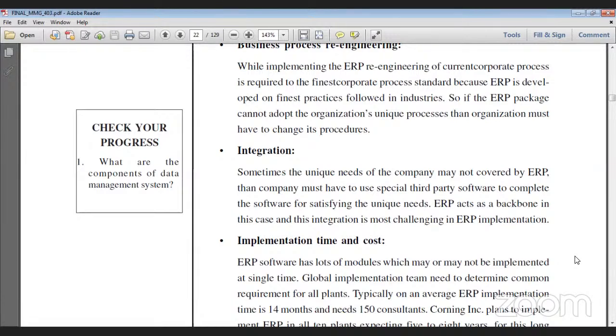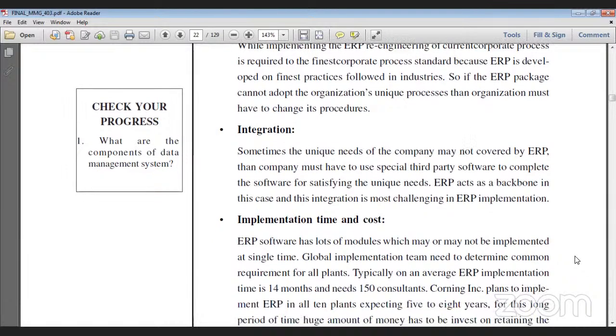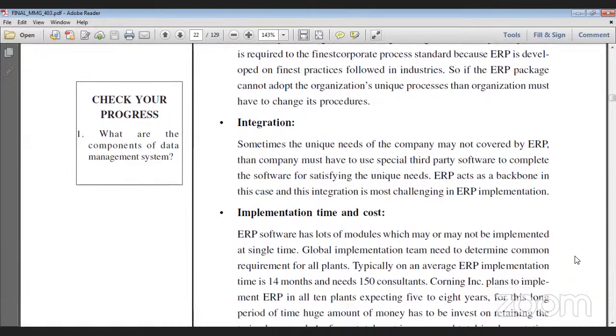On average, ERP implementation time is 14 months and needs 150 consultants. Concerning plans to implement ERP in all 10 plants, expect 5 to 8 years.